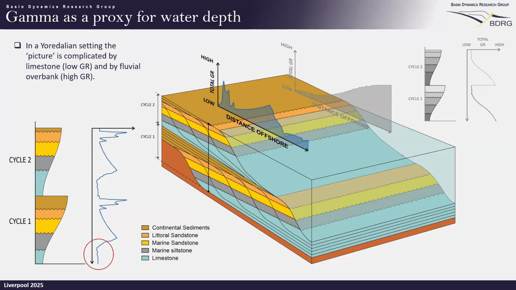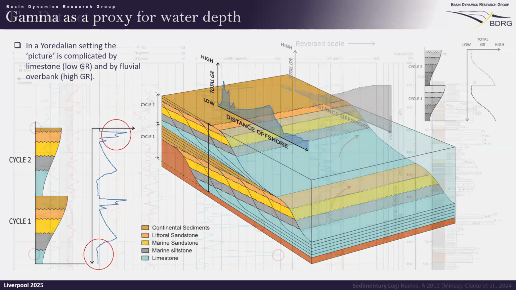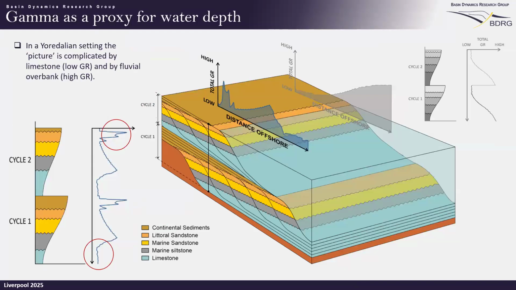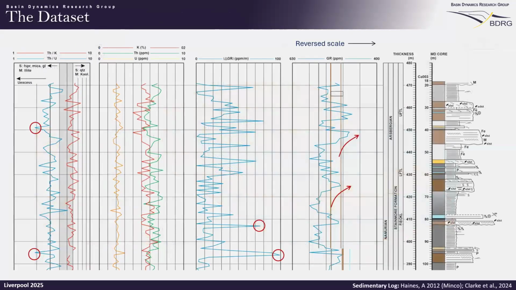And equally, because we normally come to continental deposits in most of these cycles, we often get fluvial stuff at the top that may be a little bit more high in gamma. So it's not quite such a clear picture, but nevertheless, it's a pattern that you can recognize. And this is just an example of some of our data. So here's the top of our 480 meter log, as it turned out.